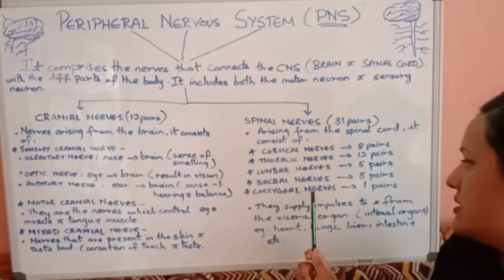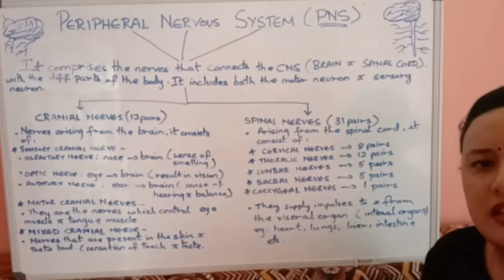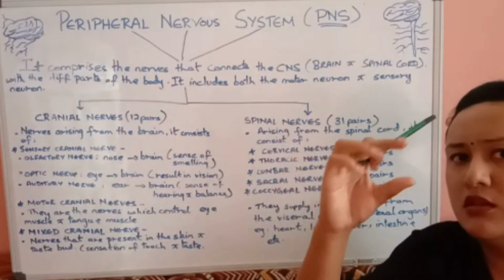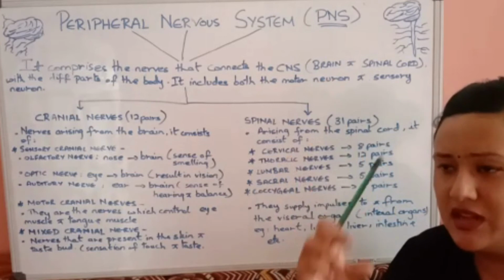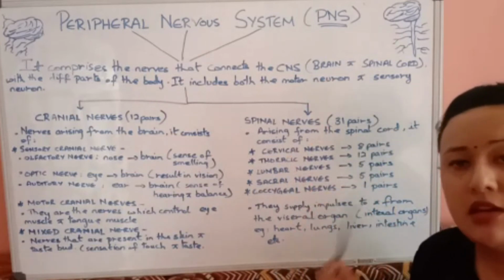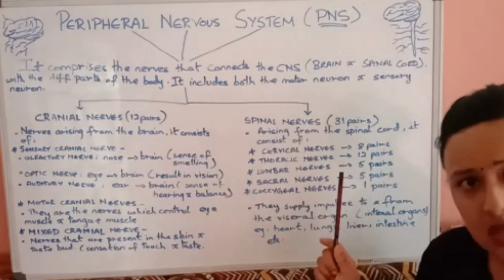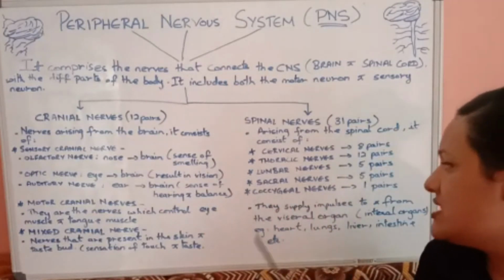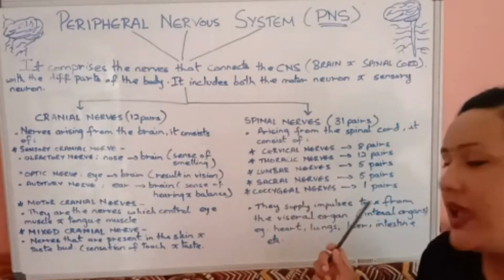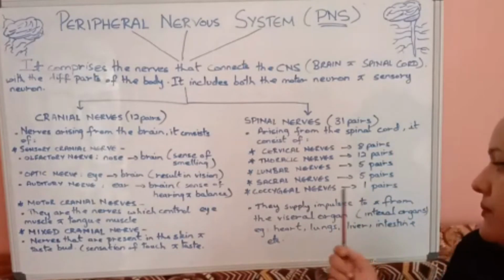The last one is the coccygeal nerve, and there is 1 pair. The last bone of your backside in the vertebral column, the skeleton system, is the coccygeal. The nerves arising from that region are known as coccygeal nerves, and there is only 1 pair.